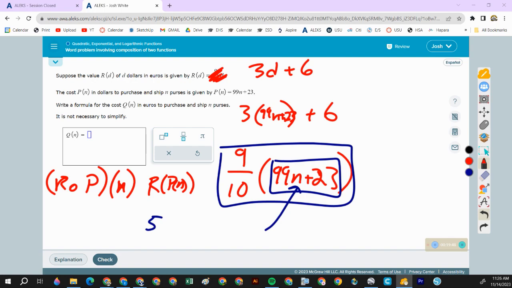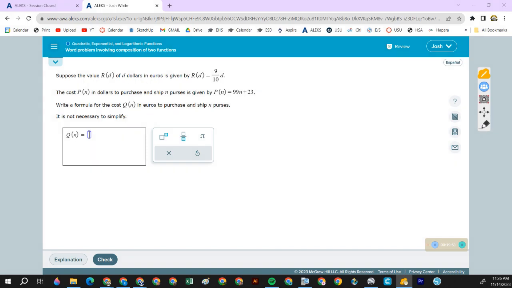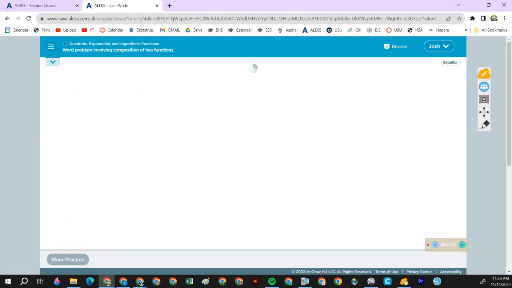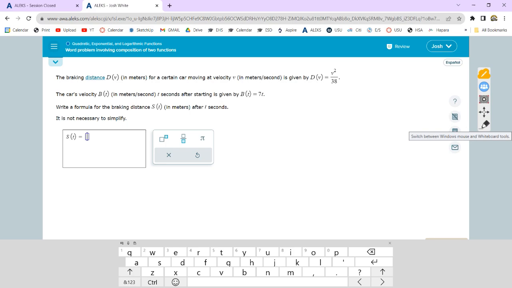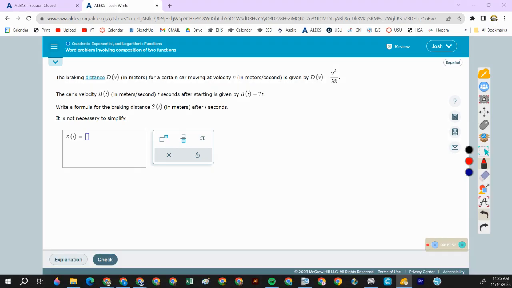All right, let's look at another example. The braking distance for a certain car moving at velocity is given by that equation. The car's velocity in meters per second, t seconds after starting, is given by that. Okay, write a formula for the braking distance. Okay, so this is a distance in meters, right?